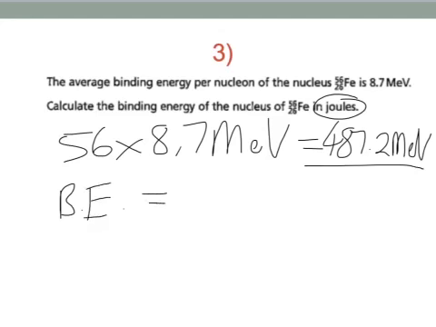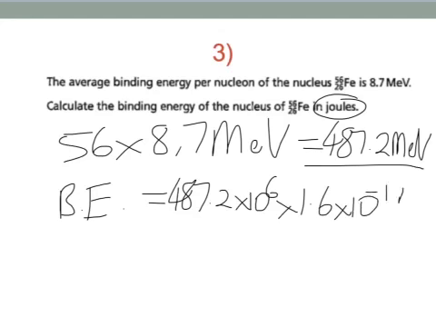So binding energy equals the 487.2 times 10 to the power of 6 for the mega, times 1.6 times 10 to the power of negative 19 coulombs, which gives us 7.8, to two figures, times 10 to the minus 11 joules.